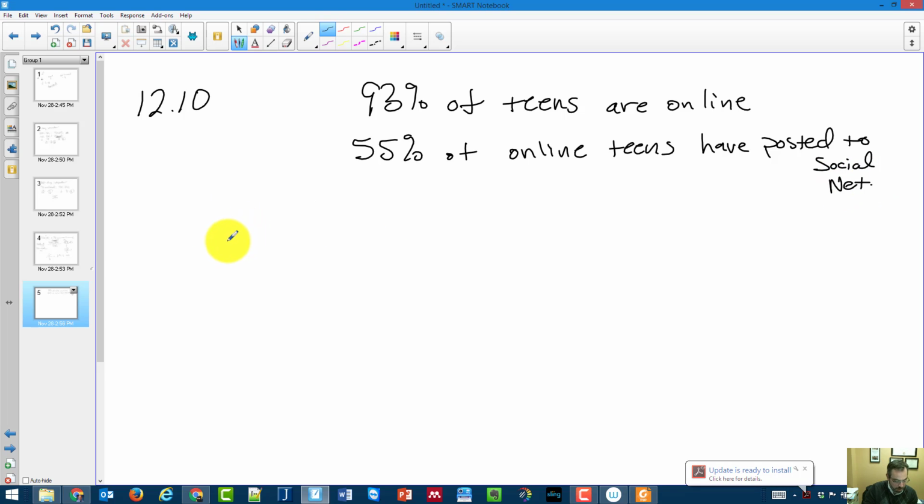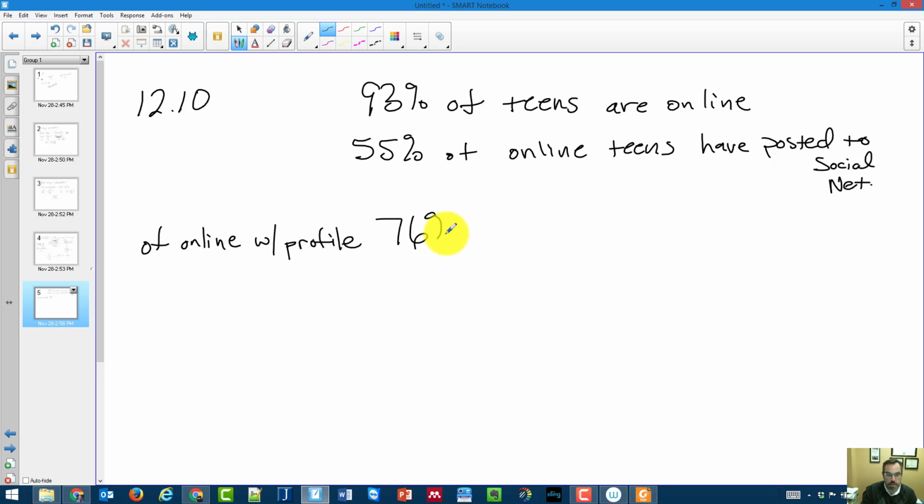And then the last part says, of online teens with a profile, 76% have commented on a friend's blog.